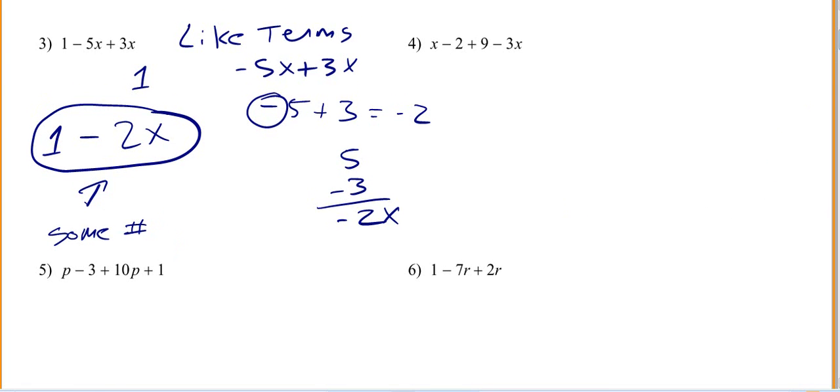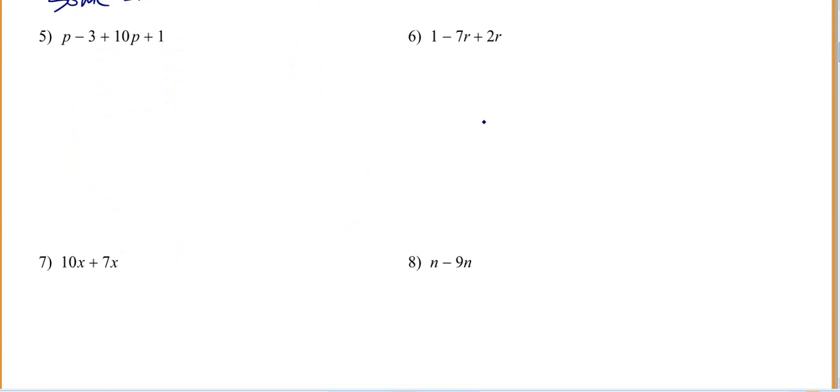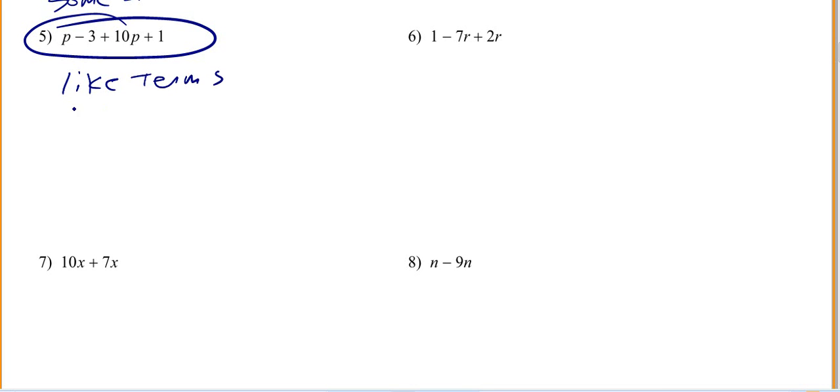Let's look at 5. You've got p minus 3 plus 10p plus 1. Well, what are my like terms? Let's see, my p's and my constants. So we've got a p and 10p.